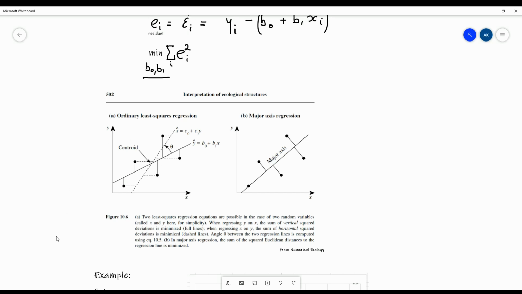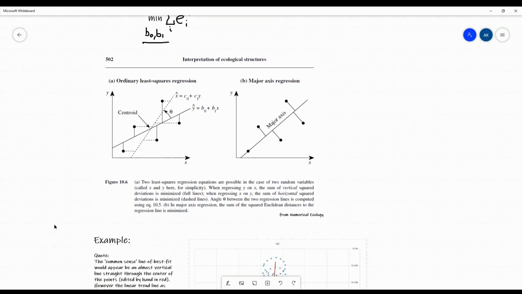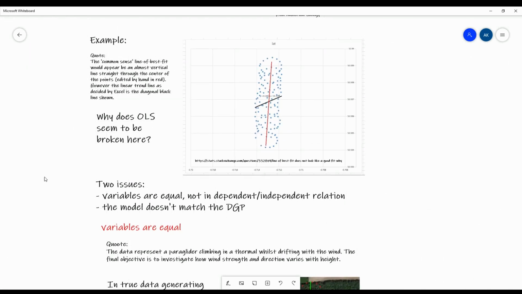And we said we do that when x and y variables are not in an independent relationship, but they're entering the regression equally. And we said that this orthogonal regression can be useful, or it seems like it may work in the case of this problem.